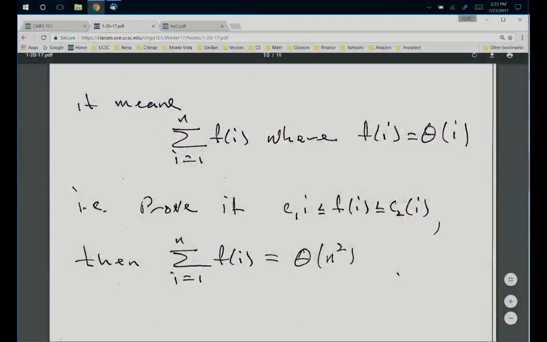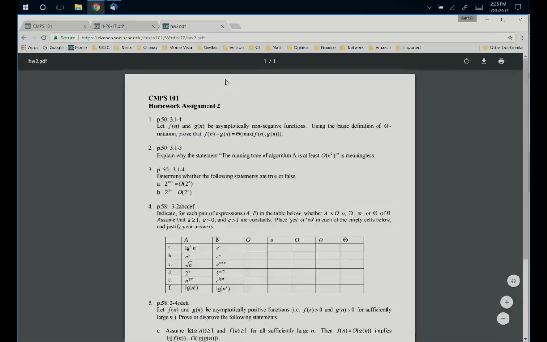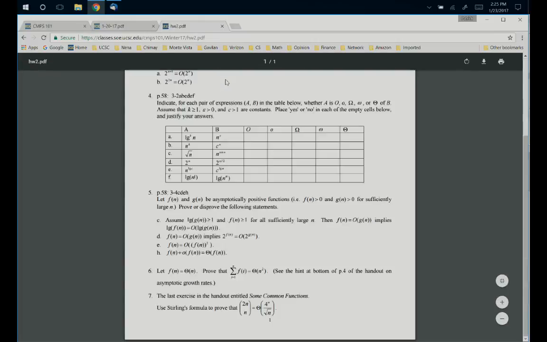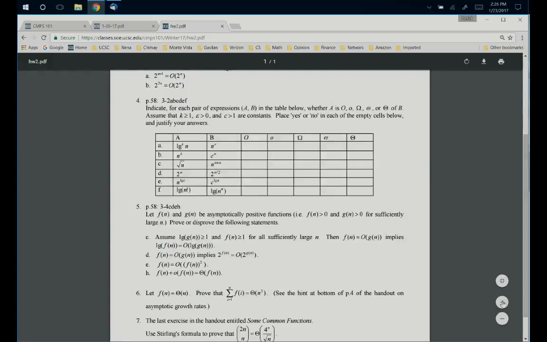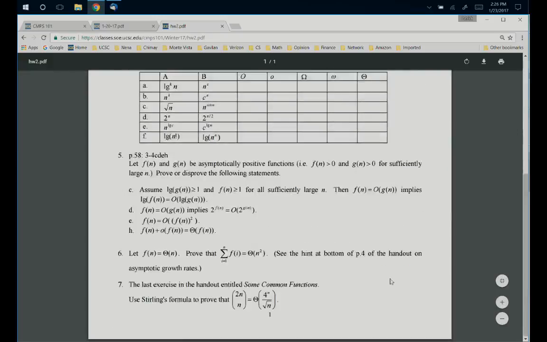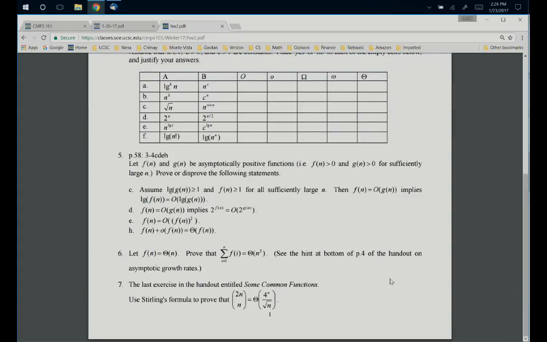But there's one homework problem that I haven't covered at all. And that is problem 7. Now I could, and I'm considering taking it off. You want me to take it off, or do you want to just read the next handout, read Stirling's formula and apply it?